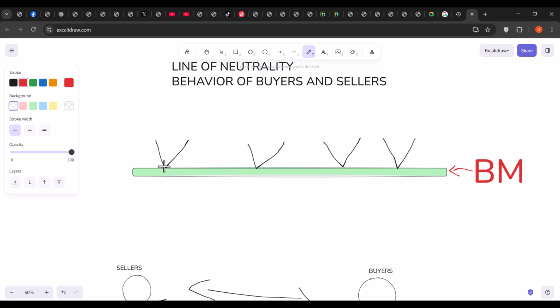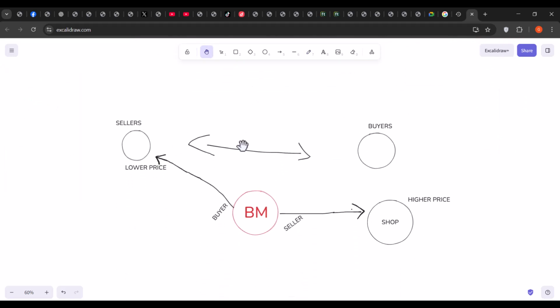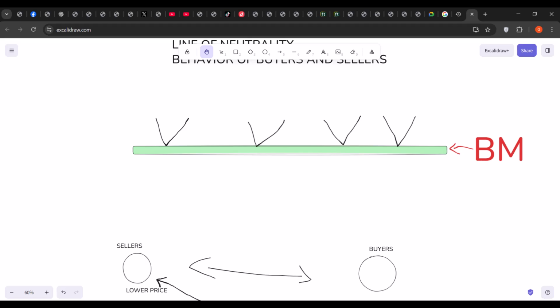He is expected to sell from a higher price. Guys, understand this. When he goes to the market and when he is a buyer, he buys at a lower price. When he comes to his shop over here, he becomes a seller, tries to sell the item to other people, and he is selling at what? A higher price. That is the same concept over here.